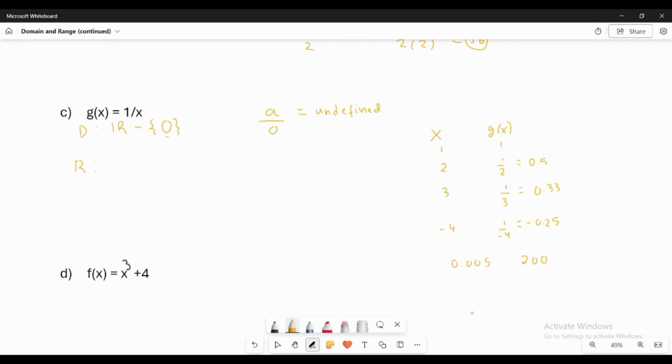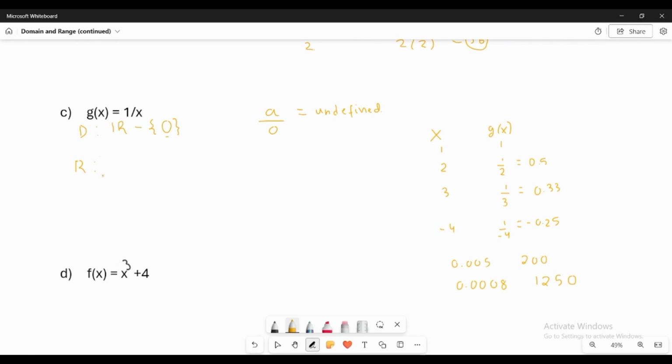Let's say that x is 0.0008. Now when you divide 1 by 0.0008, you will get 1250 as the answer. So like I said, the smaller the denominator becomes, the bigger g of x will be, and the bigger the denominator is, the smaller your g of x is going to be.